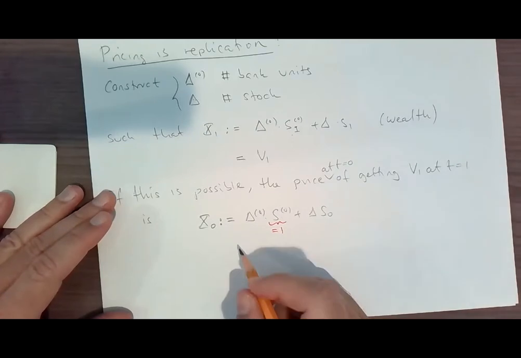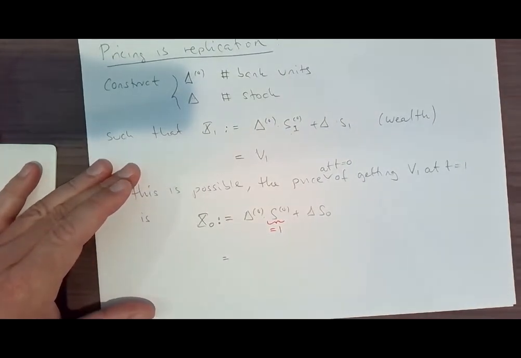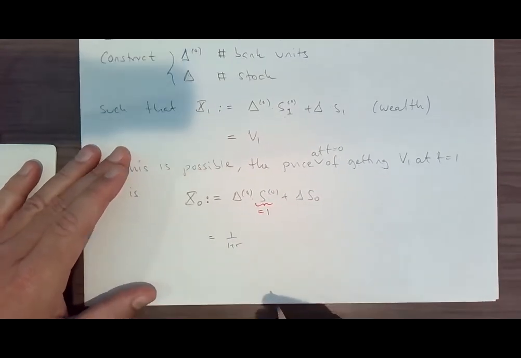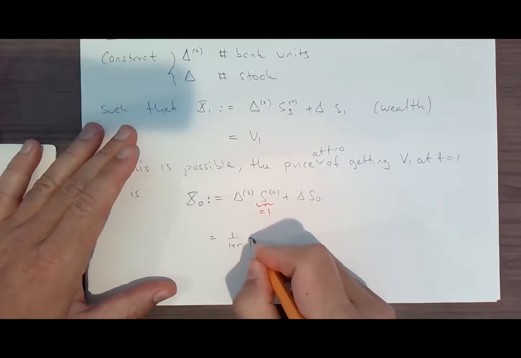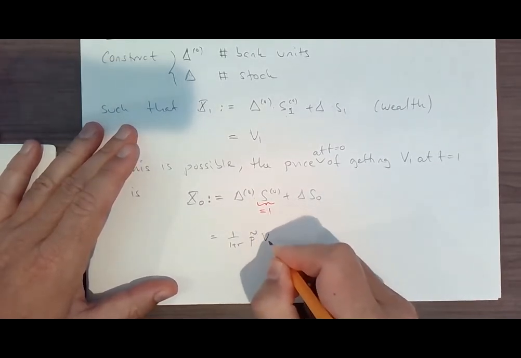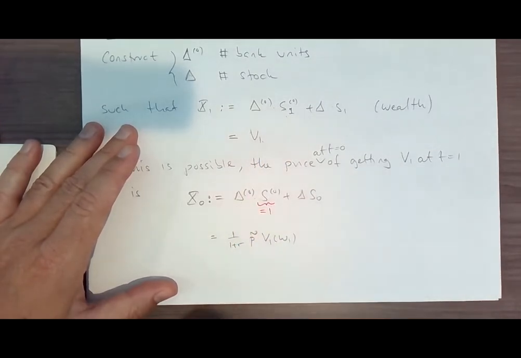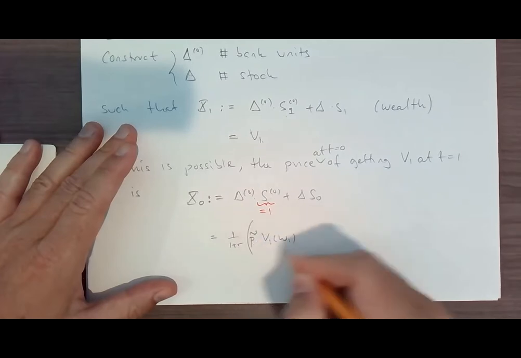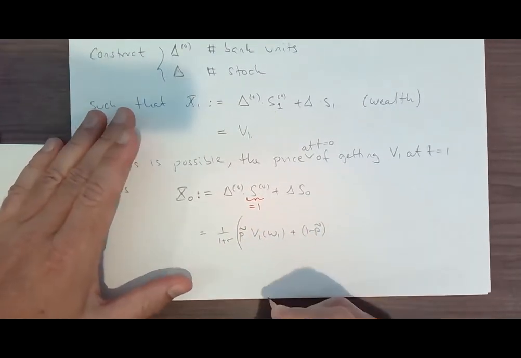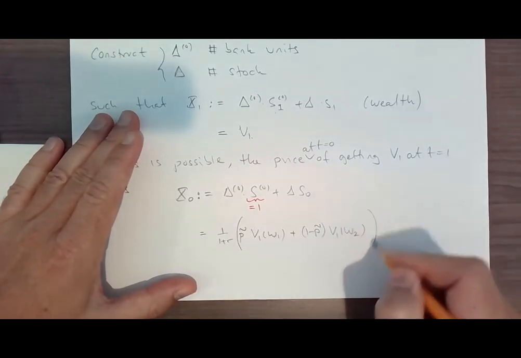Right, so we recognize here that this x0, it was this 1 plus r that was outside, and then we saw that this was p tilde times the payoff in the upstate, plus 1 minus p tilde times the payoff in the downstate.